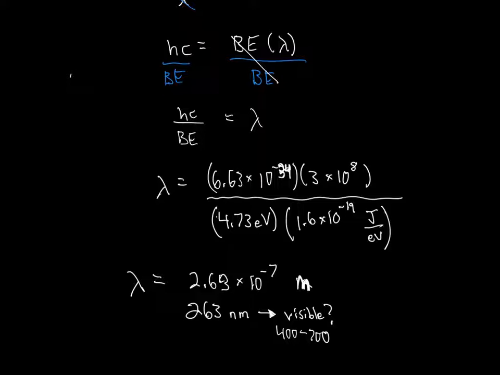So what color is 400 nanometers? Smallest wavelength. Of the people in here, Eric knows. Claudia knows. My pants know.